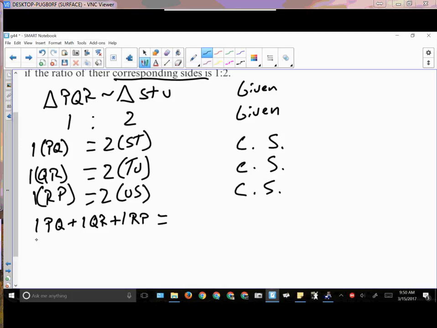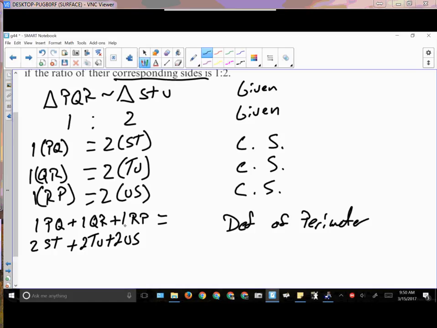Would that be equal to 2 of the ST plus 2 of the TU plus 2 of the US, and then say that this is the definition of perimeter? Is that true? So if I add all 3 of these up here and add all 3 of these up here, that should be the same, correct?